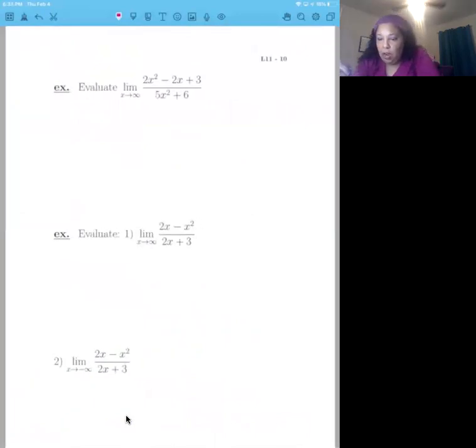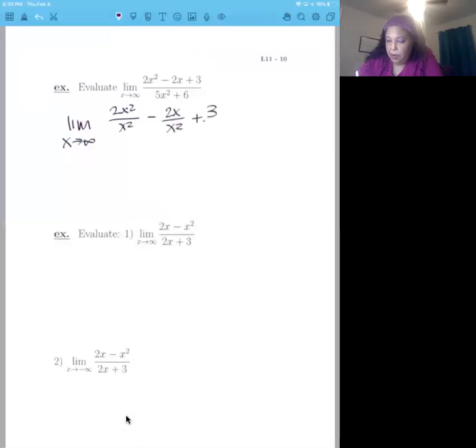All right, why don't we try a few more? All right, this time the degree of the denominator is 2. So I'm going to divide everything again by x squared. So I have a 2x squared over x squared, a negative 2x over x squared, and a 3 over x squared.